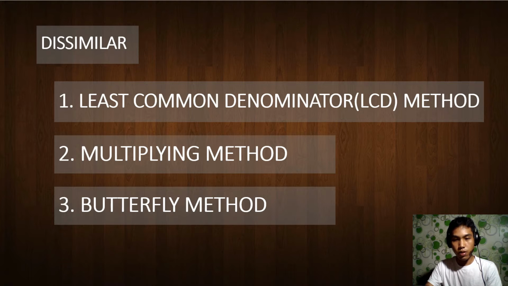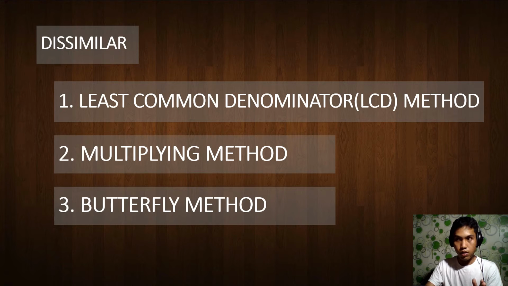The second is the multiplying method. This is somewhat the same as the first, but the process is different. In number 2, we are going to multiply each term by a fraction that will lead us to the uniformity of the denominators.